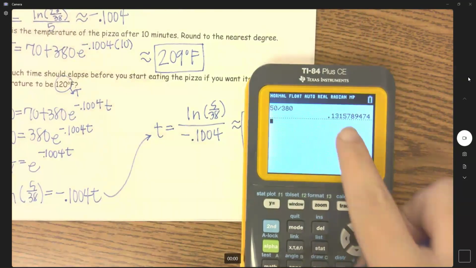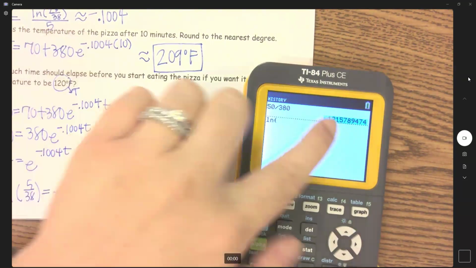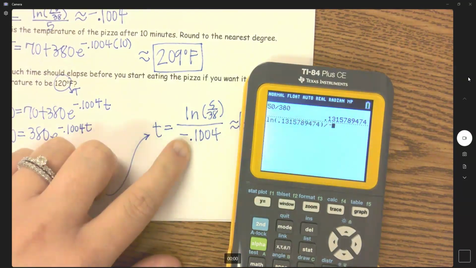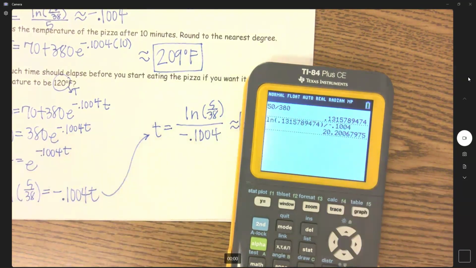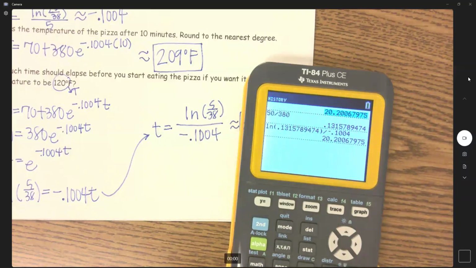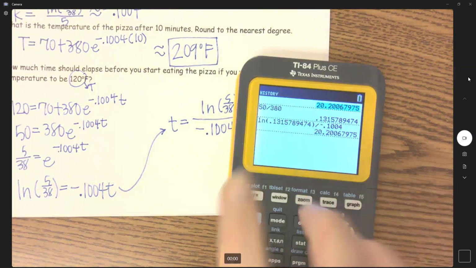And then we need to come back up here. So I could do the natural log and come up here and highlight this answer here, divided by that number there, and we get the same answer that we did right here. So you can also just go up and highlight and use that entire decimal.